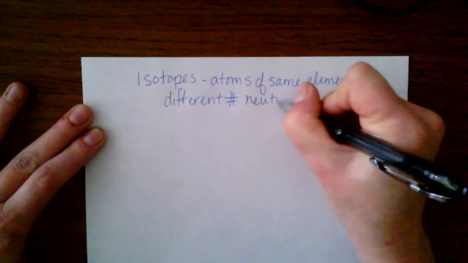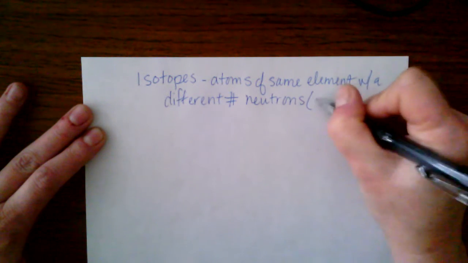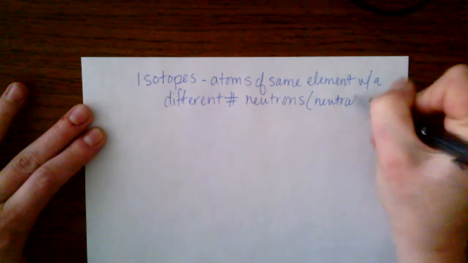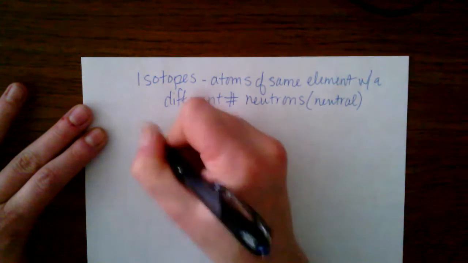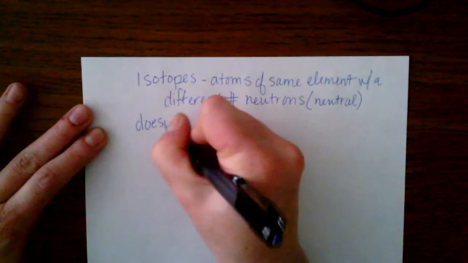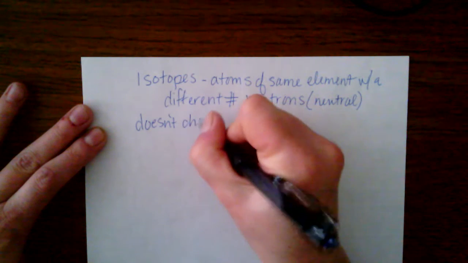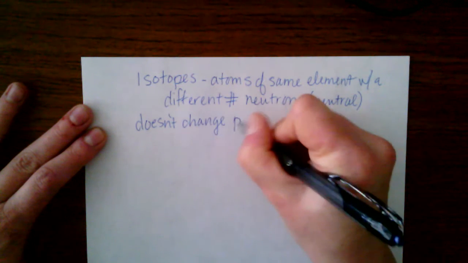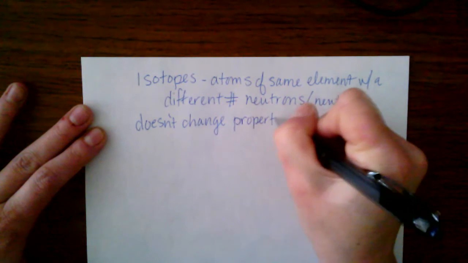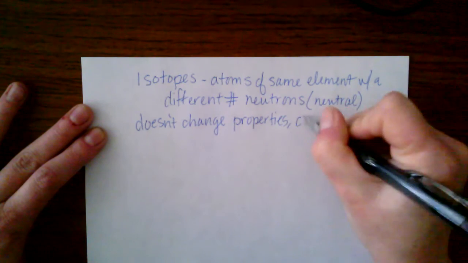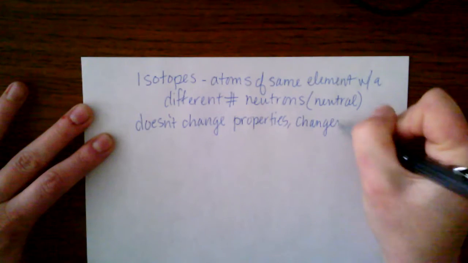Now remember, neutrons are neutral. They have no charge. So it doesn't change the properties. It just changes the size.